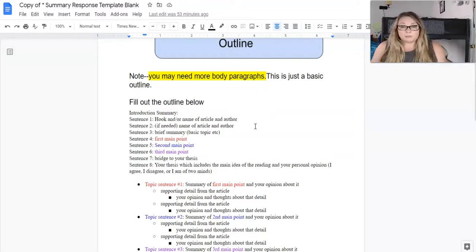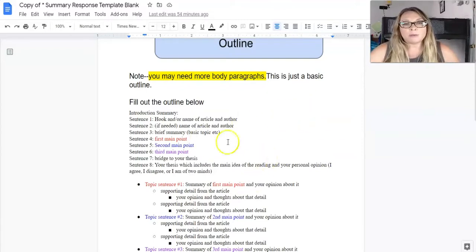But just for the outline, I want you to do a list summary just so you can get an idea of how to piece this together, because my topic doesn't work very well for a really strict list summary, but I'm going to use it so you get an idea. And then when you write your summary and revise the paper, that's when you're going to make it really stand out and not as boring as a regular list summary.